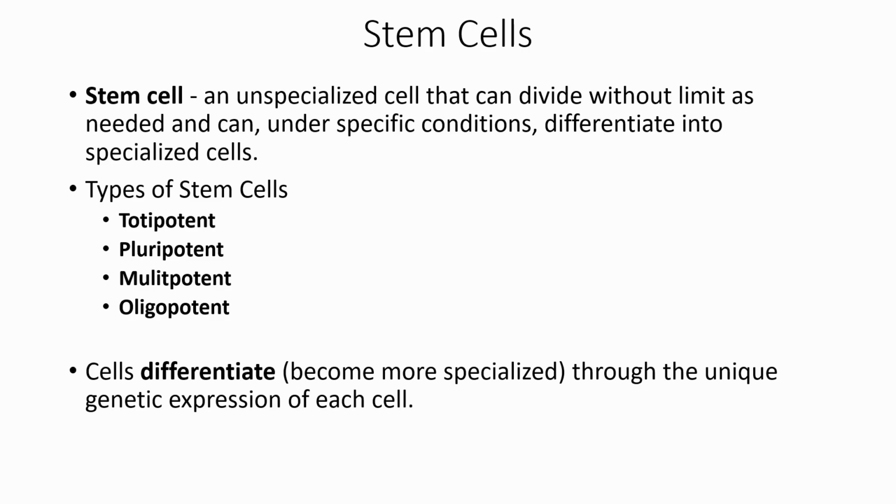So you'll notice the definitions of them can really vary depending on which category we're looking at. The general process is the same, that we start with an immature, unspecialized cell and then differentiate and become specialized, right? That process of becoming specialized is called differentiation. We're not going to get into the nitty-gritty, but that comes down to some specific genetic expressions happening within that cell.